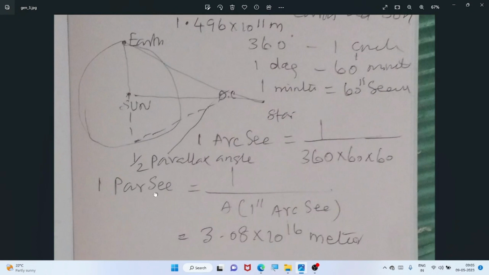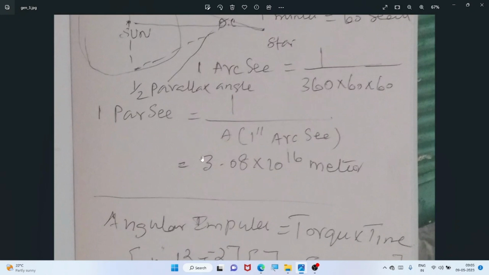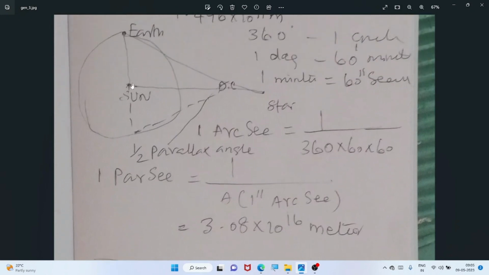So 1 parsec equals 1 divided by 1 arc second. This is equal to 3.08 × 10^16 meters. Actually, this distance from here to here, when this theta is 1 arc second, then this distance is 3.08 × 10^16 meters. This is a parsec, when theta is 1 arc second.